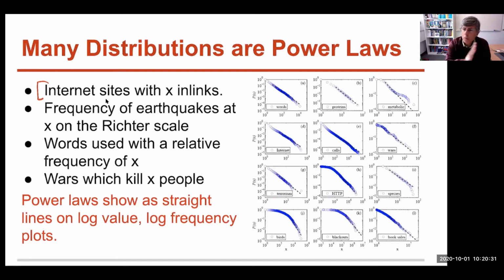If you say how many websites have one thing linking to it, how many have 2, 3, a billion, 10 billion, okay? If it's a power law, it would be an argument that as we double the number of links, the number of sites that received those links goes down by a constant fraction, okay?